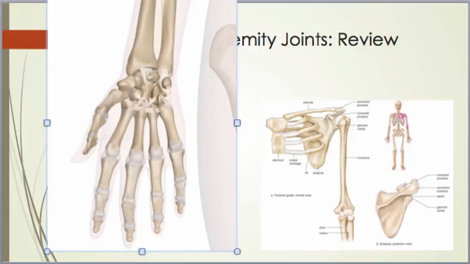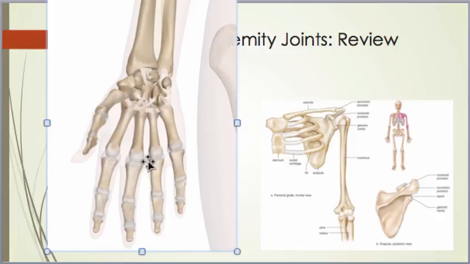All right, so how about our metacarpal phalangeal joints here and our phalangeal joints? What are those? Well, let's take our metacarpal phalangeal joints first. What kind of joints are those? Those are ellipsoid joints, right? How many degrees of freedom do they have? They have 2. What are those motions?